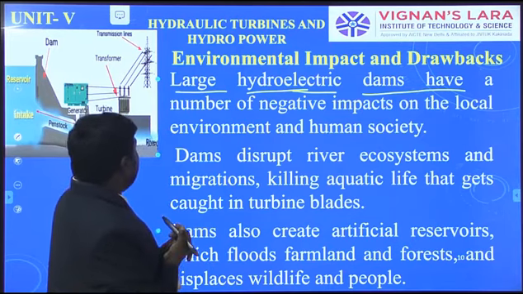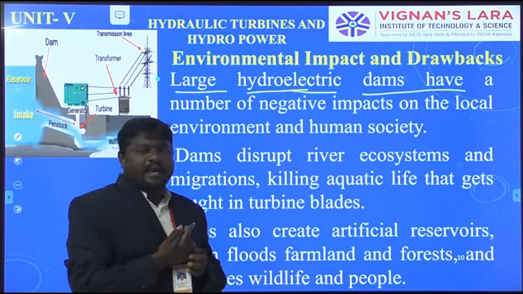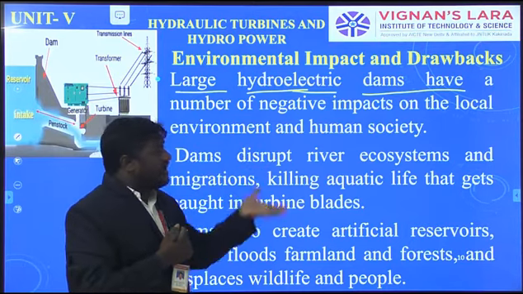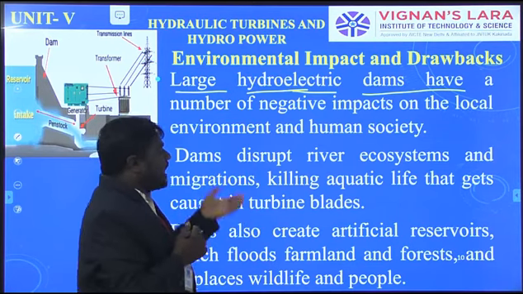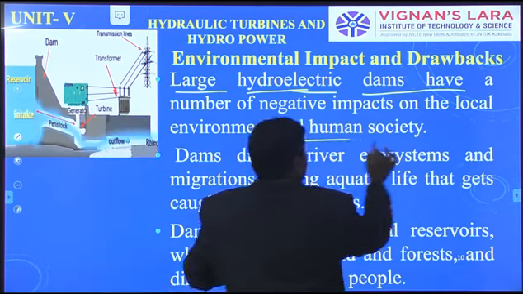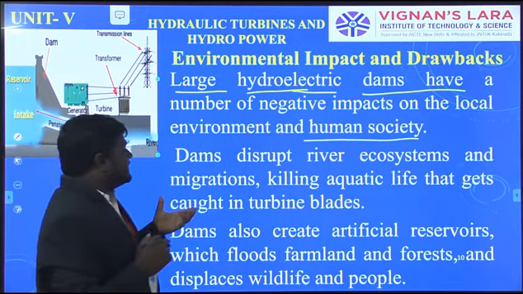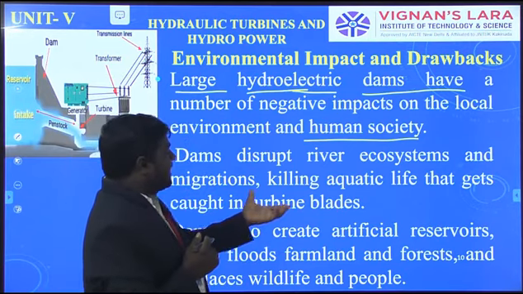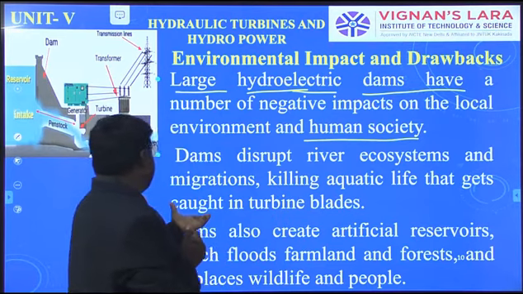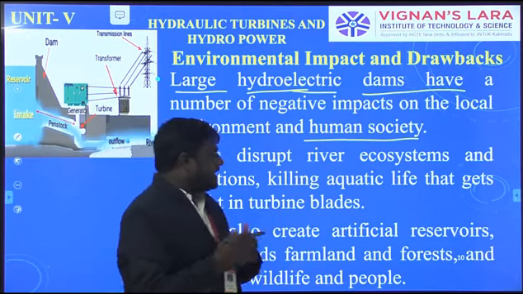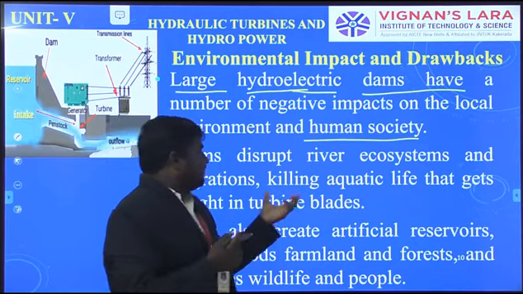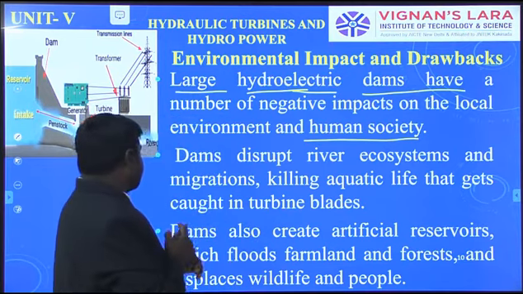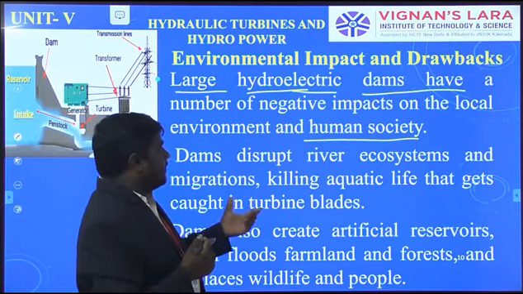Dams disturb river ecosystems, killing aquatic life that gets caught in turbine blades. Fish and other aquatic life are killed. That is one of the drawbacks.